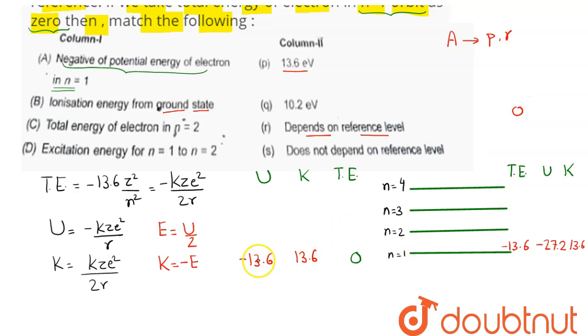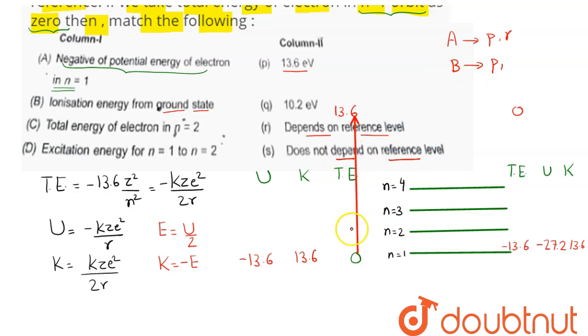Now if we add 13.6 to each level, the ionization energy will be the energy required to ionize the electron from the ground state to n equal to infinity, which comes to be 13.6. So B matches with P, and it does not depend on the reference level.